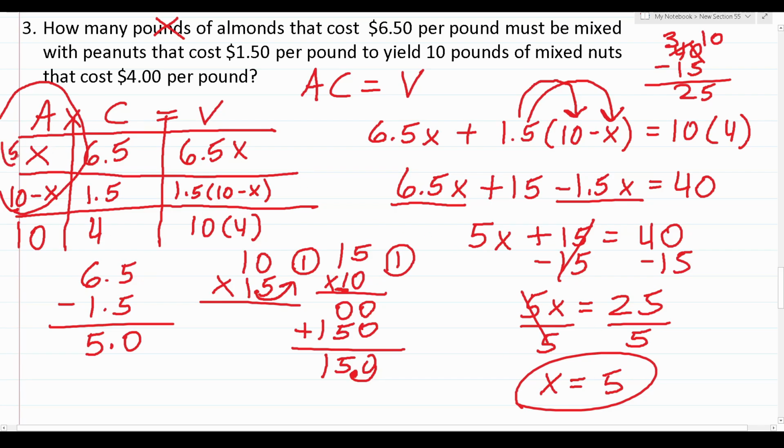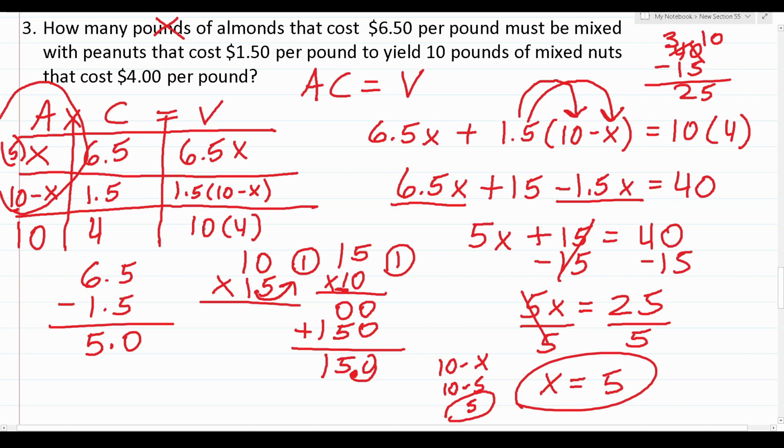So we need 5 pounds of almonds, and then to find the amount of peanuts, again, that's 10 minus x. We know x is 5, so this is 10 minus 5, and 10 minus 5 is 5. So we need 5 pounds of almonds and 5 pounds of peanuts to create a 10-pound mix worth $4 per pound. All right, so that's that one.